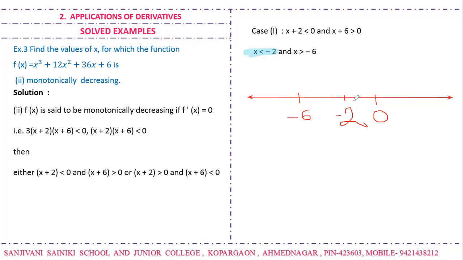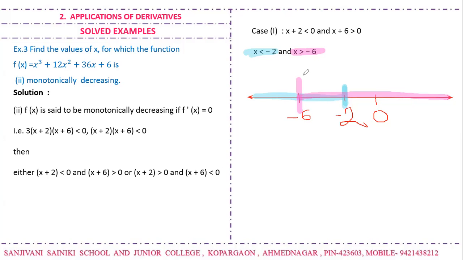And the second condition is x is greater than minus 6. Which is the common part?